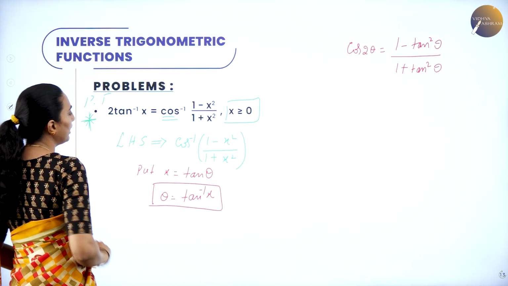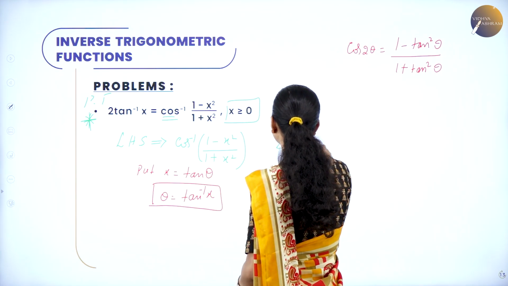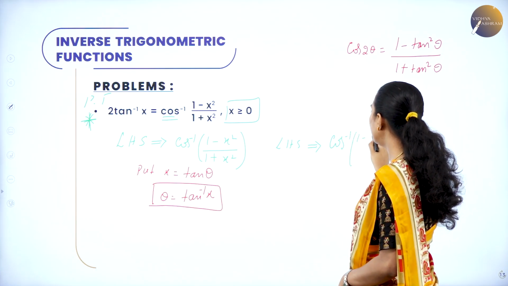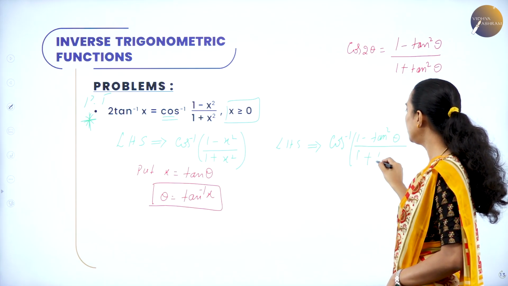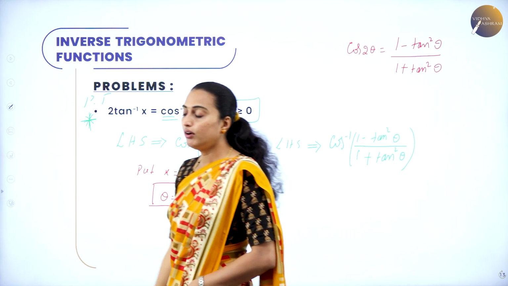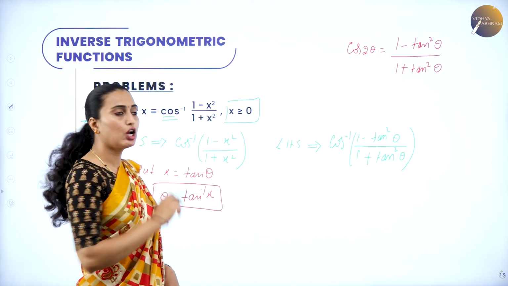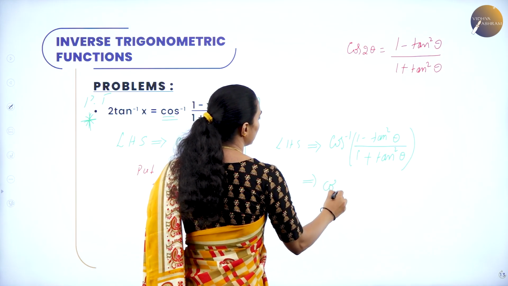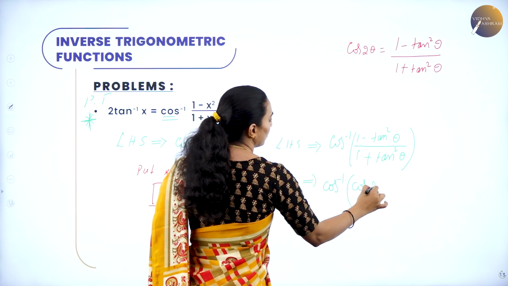Now we are going to have LHS, which implies cos inverse of (1 minus tan squared theta) divided by (1 plus tan squared theta). So therefore you can substitute (1 minus tan squared theta) divided by (1 plus tan squared theta) as cos 2 theta. Therefore cos inverse as it is, this is nothing but cos 2 theta.